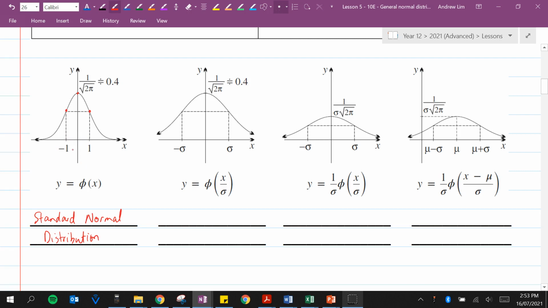In order to do that, we need to stretch the normal distribution horizontally by a factor of sigma. Now the standard deviation is just sigma. It's not 1. But when we do that, we can see that the area is no longer equal to 1.